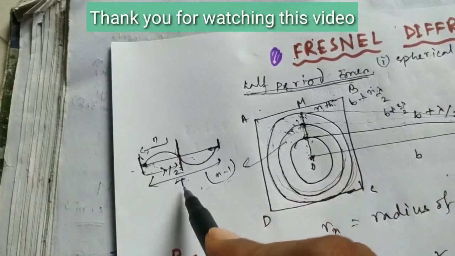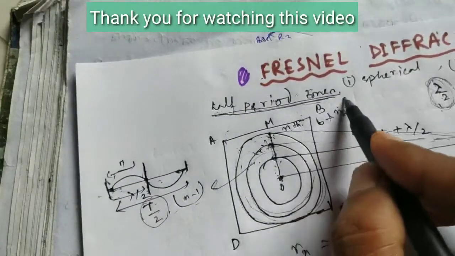The time difference between two zones is T by 2, so these are the half period zones.